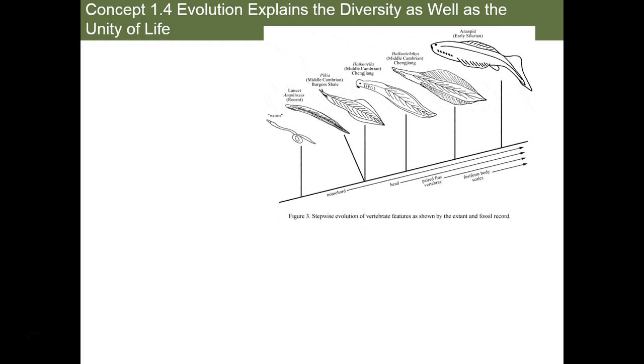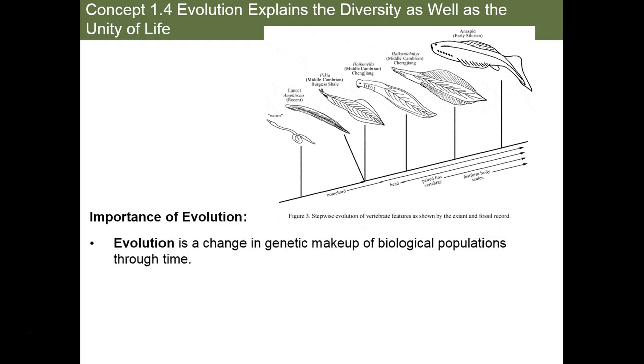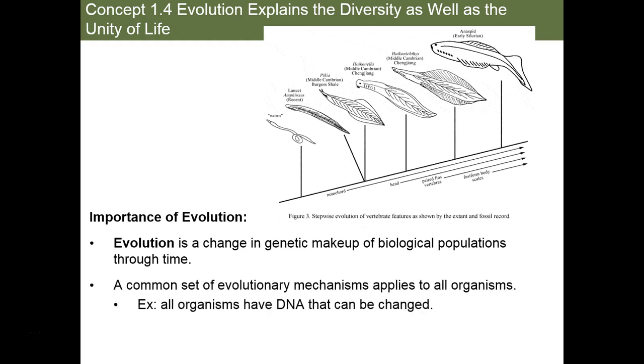Next topic we'll go over is evolution. Evolution is a cornerstone of biology that guides much research to this day. Evolution is a change in the genetic makeup of biological populations through time. A common set of evolutionary mechanisms apply to all organisms. For example, all organisms have DNA that can be changed.